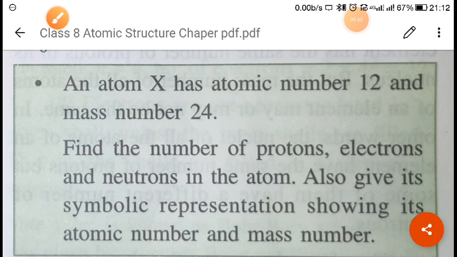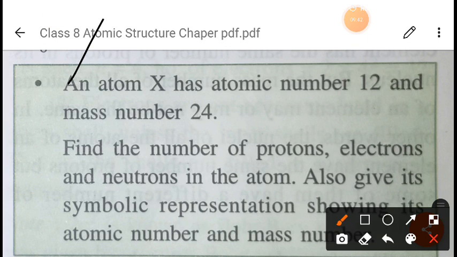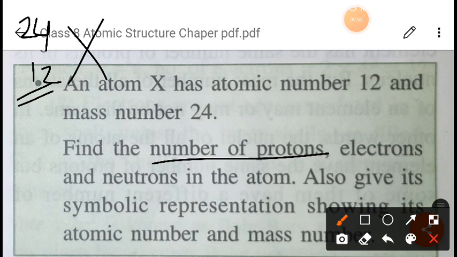If we want to find this, X with 12 and 24, then the number of protons will be 12, and the number of electrons will also be 12, because the number of protons and electrons are the same in a neutral atom.